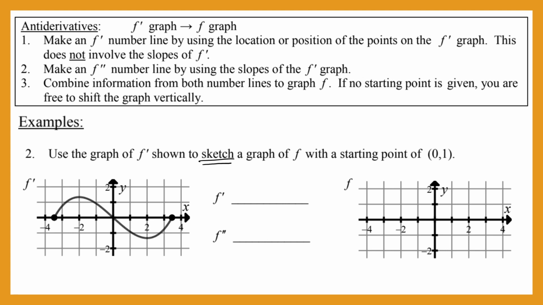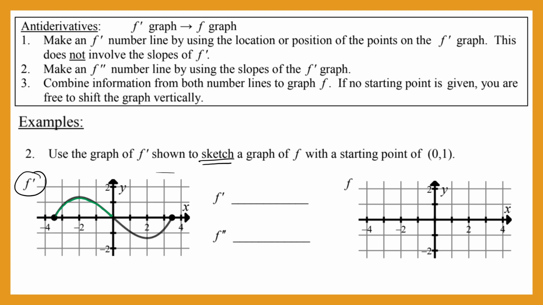So my approach to this is we're going to make an f prime line that summarizes when our f prime graph over here is positive and negative. And then we're going to make our f double prime line based off our f prime line. So let's start just talking about when is our f prime line positive and when is it negative. So this whole section in green is our positive section.